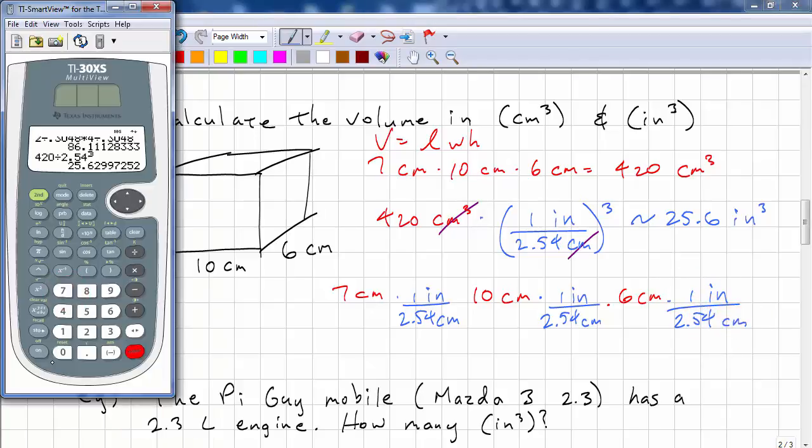And on our calculator, this is a lot more to enter. 2.54 times 10 divided by 2.54 times 6 divided by 2.54, and we get the same result.